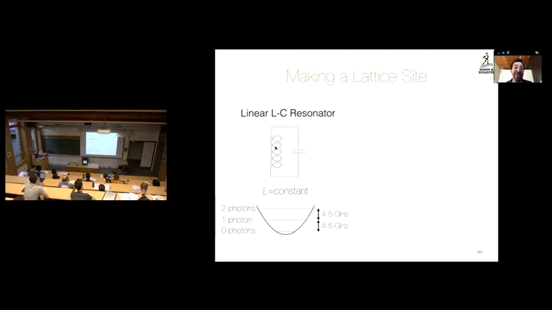So if the inductance of the inductor changes, the frequency of this LC circuit changes. And so this is kind of a neat thing, because fundamentally it says that eventually this spectrum will become anharmonic in the number of photons that you have in the system, right? But that anharmonicity is very, very small, and it depends on the resistance of the inductor. So this is a lossy process. It's kind of a mess.